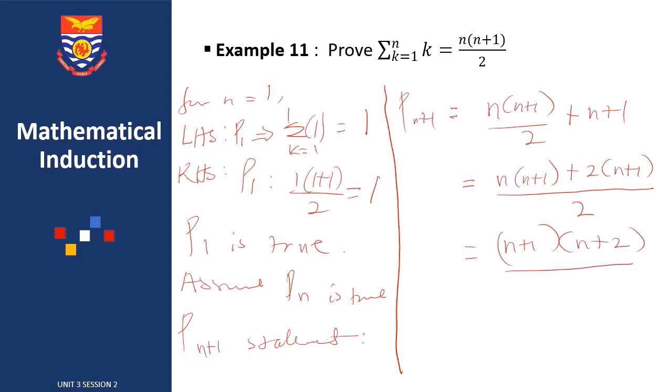That is exactly P of n plus 1, and that is true. Therefore, by the principle of mathematical induction, Pn is true for all n, because the result we obtain is true for P of n plus 1. Good, and that is the proof.